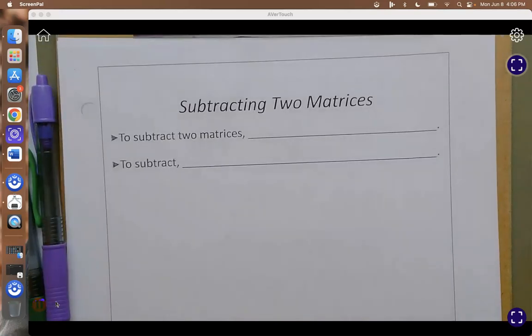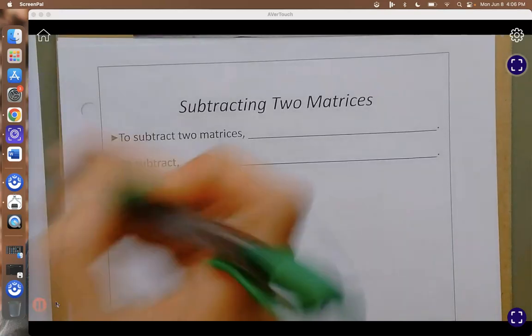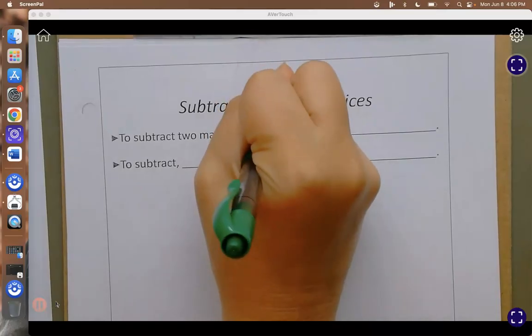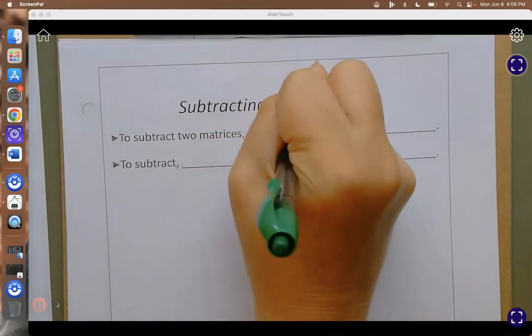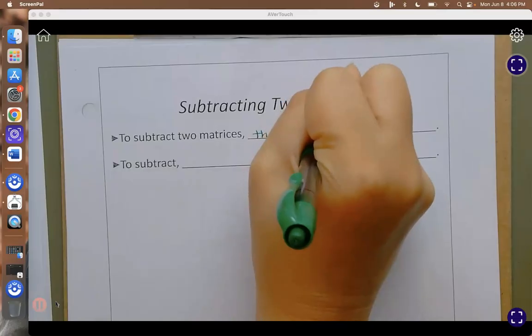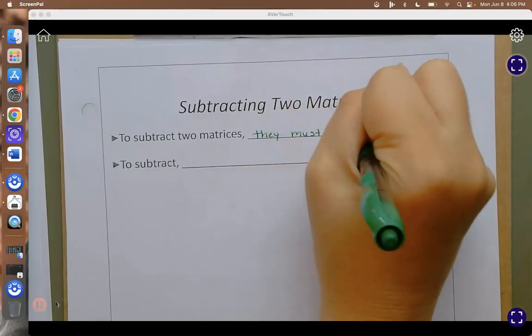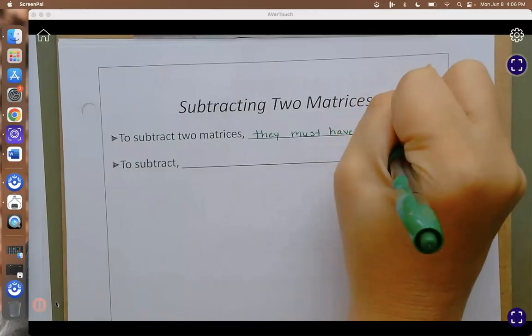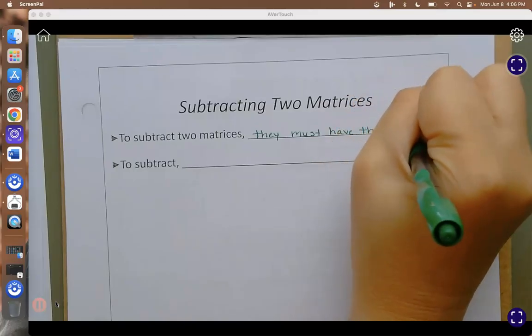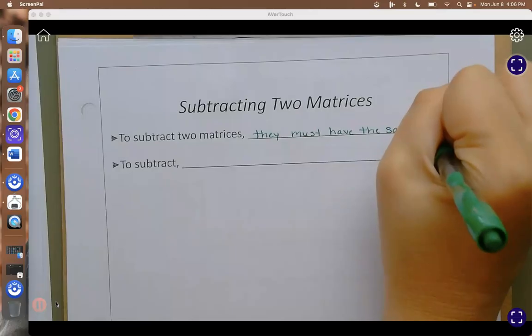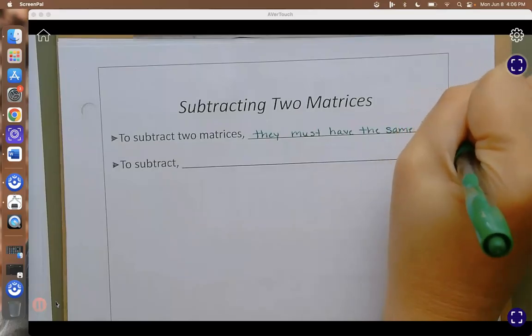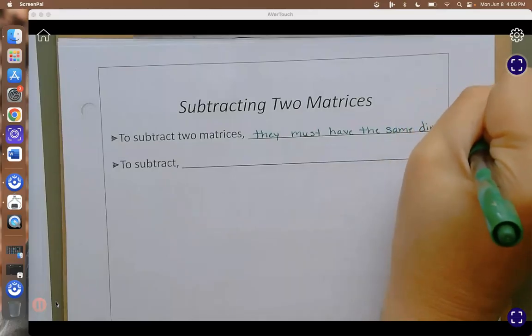All right, let's look at subtracting two matrices. To subtract two matrices, they must have the same dimensions. We just have to be careful because we're subtracting them, so it's like we're changing the sign of the second one.